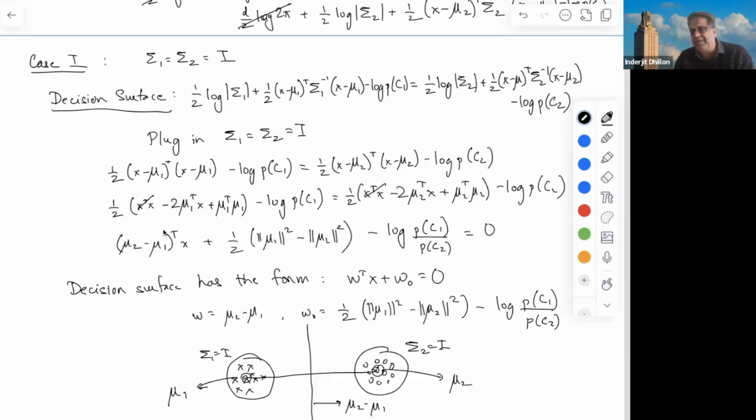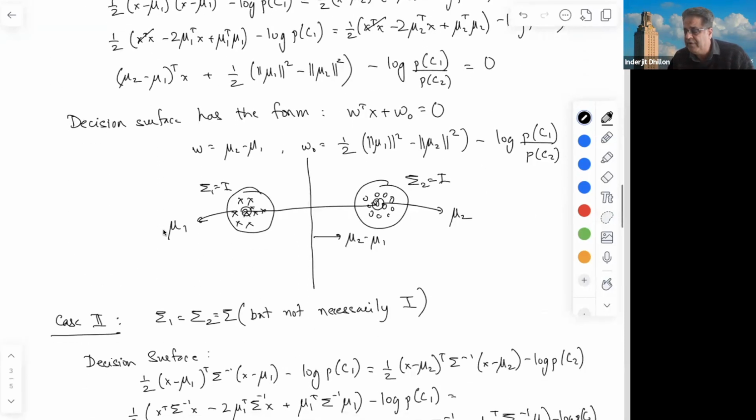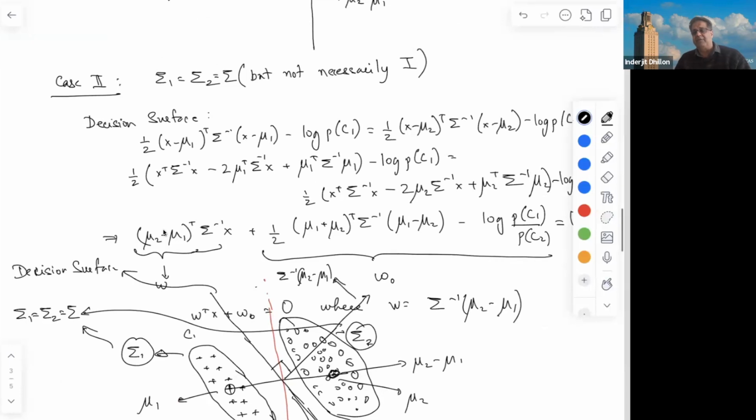But then we said, okay, maybe my data does not have unit covariance. Suppose there is a dependence between the different features that I have. If there's a dependence, then maybe what I can do is model it where sigma 1 equals sigma 2, so I'll still keep the covariances the same in both class C1 and C2.